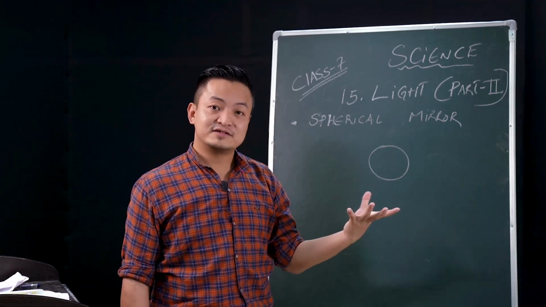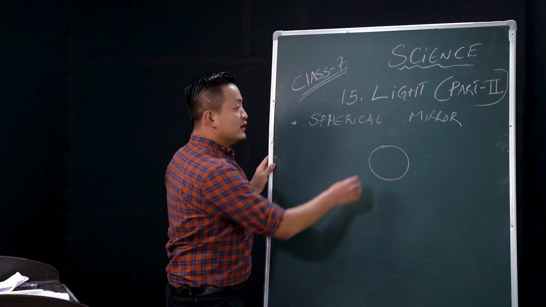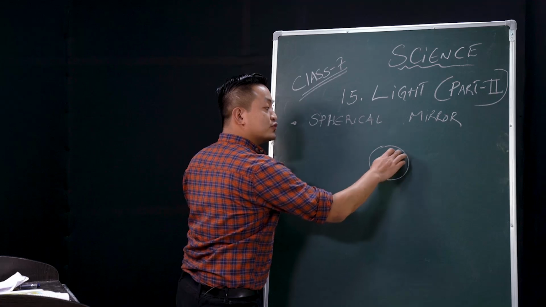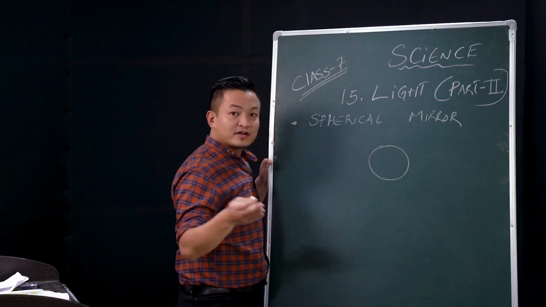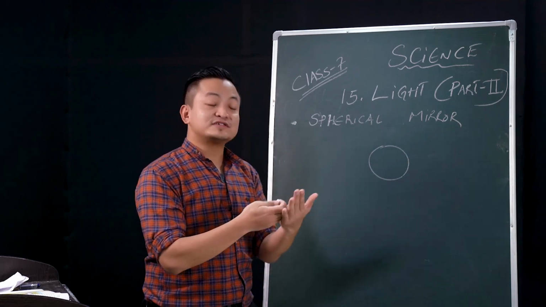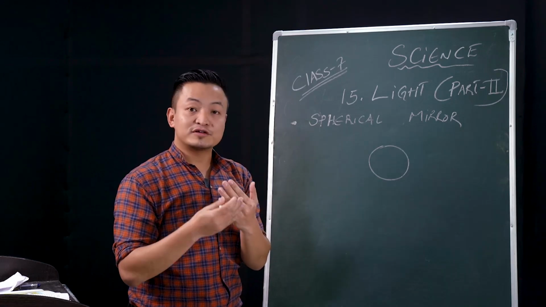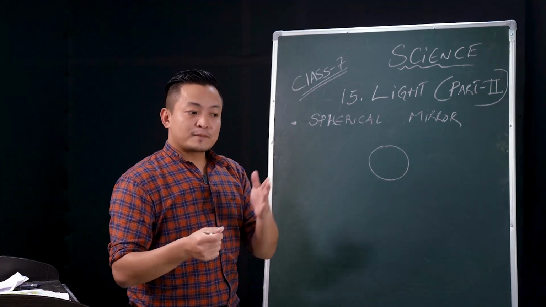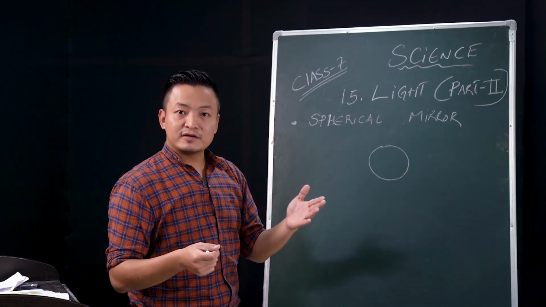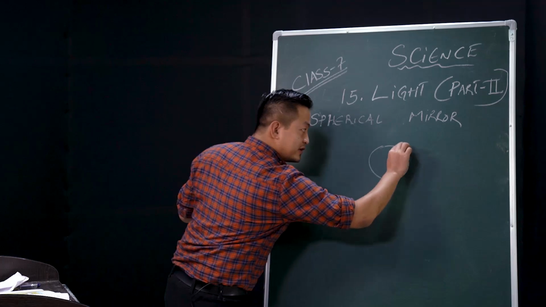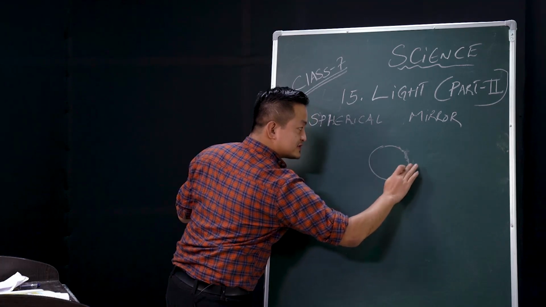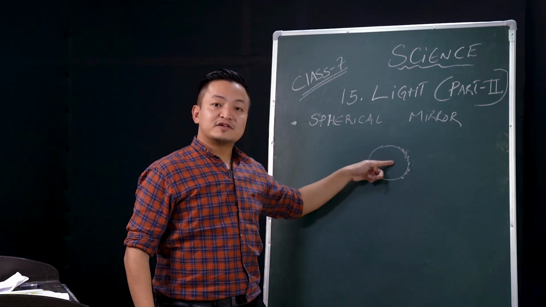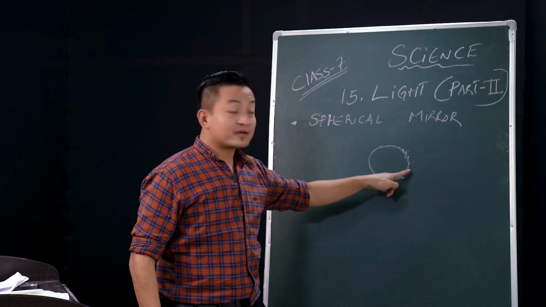Now, if the reflecting surface is curved inwards, this is a mirror, as you all know. In order to see our own image, it has to be coated with aluminum or silver. So if the reflecting surface is this one, it means the inward side is the reflecting surface because this is a part of the mirror.